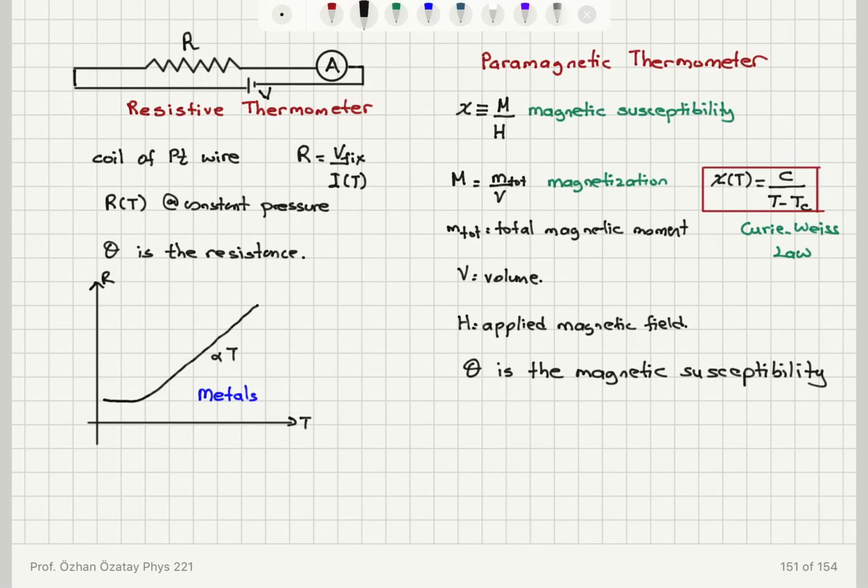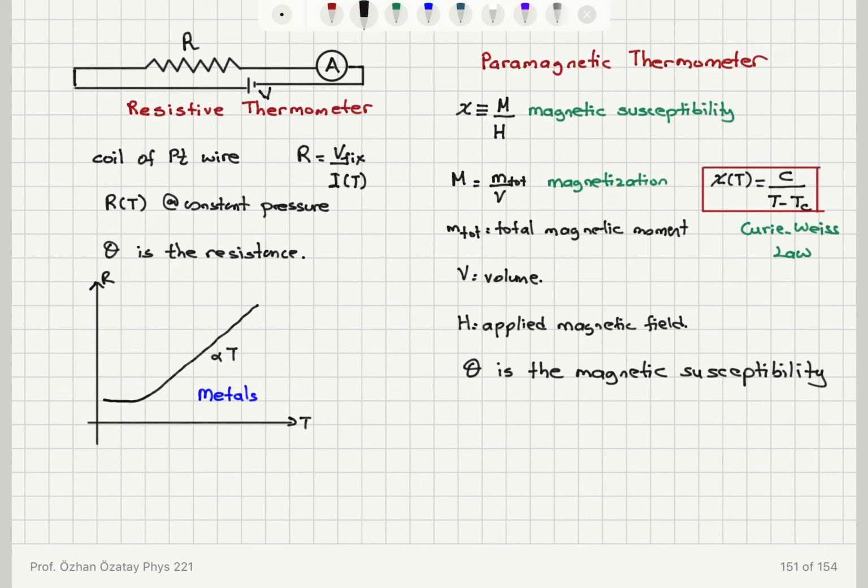In the paramagnetic thermometer, we can use magnetic susceptibility: total magnetic moment per volume, magnetization, divided by the applied magnetic field gives us magnetic susceptibility, and according to the Curie-Weiss law, it's a constant divided by T minus the Curie temperature, which is a threshold temperature where we see a phase transition.